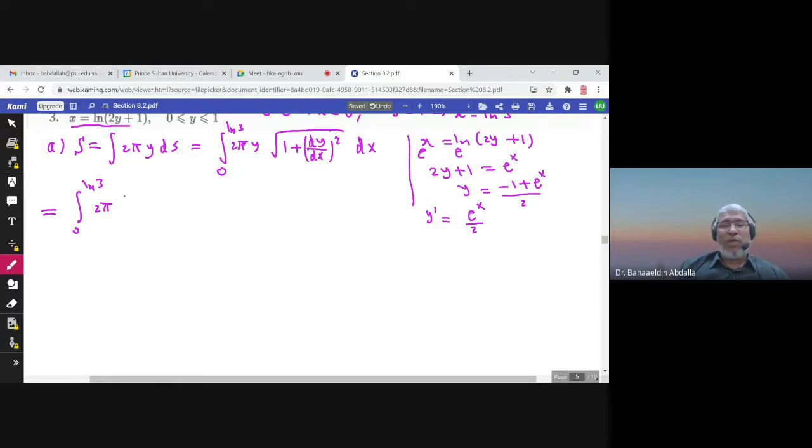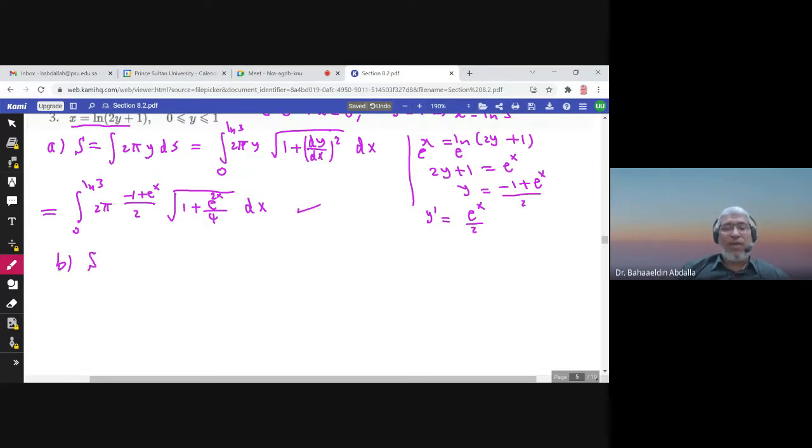So (e to the power x minus 1) over 2, this is y, times the square root of 1 plus y prime squared, which is e to the power 2x over 4, dx. And this is the surface area given in terms of x.